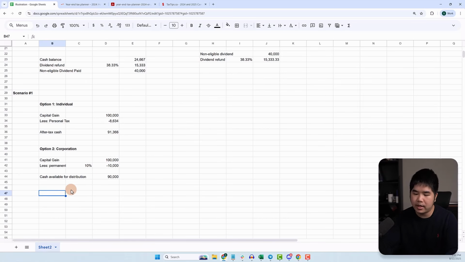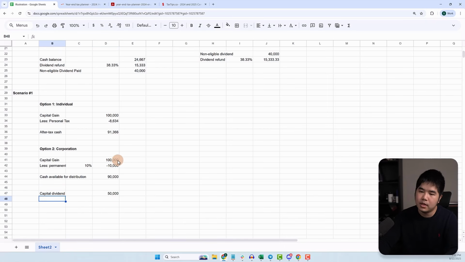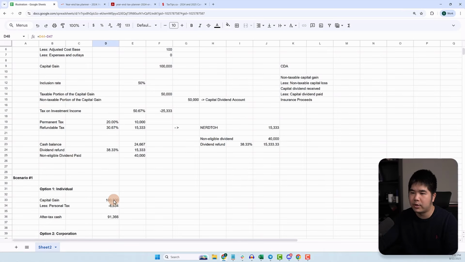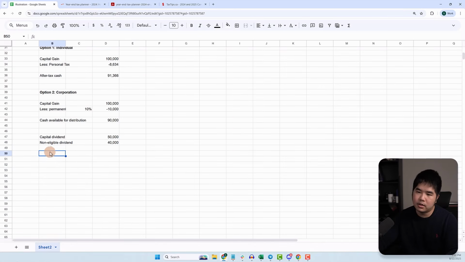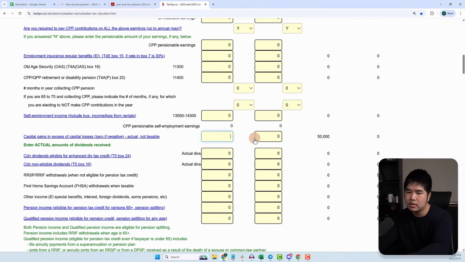So then we can pay capital dividend, which is $100,000 times 50%. And then non-eligible dividend, $40,000, just like we have here. So then less personal tax. So we don't have to pay any taxes on capital dividends. And for non-eligible dividends, let's go back to this calculator. Let's delete this.